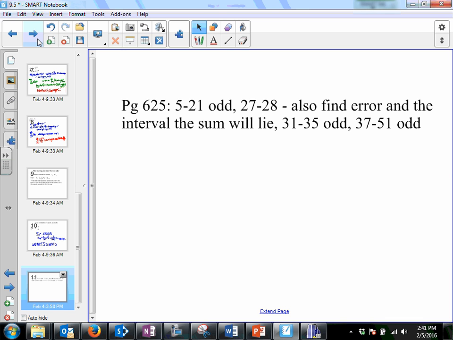So find that remainder, and give me the interval that the sum would actually lie in.